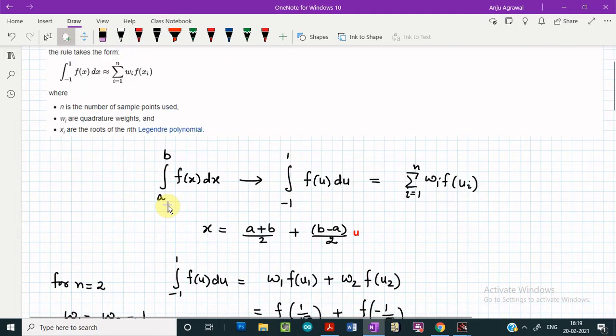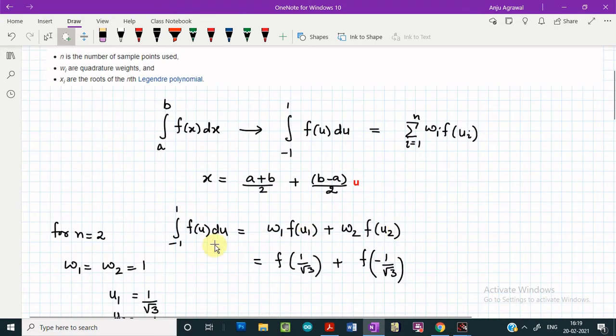Now, in order to change the limits of integration from a to b to -1 to +1, we make use of this transformation. By making use of this transformation, the limits of integration are changed to -1 to +1. And once we have this integral, we can write it as a summation of two terms if we are using the 2-point quadrature formula.